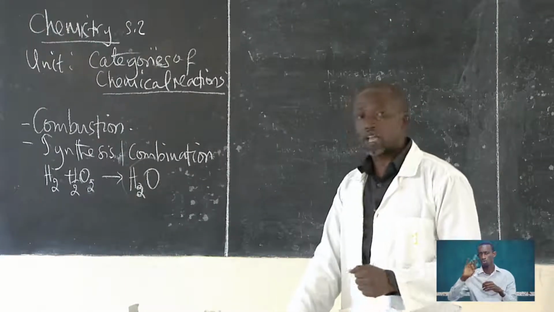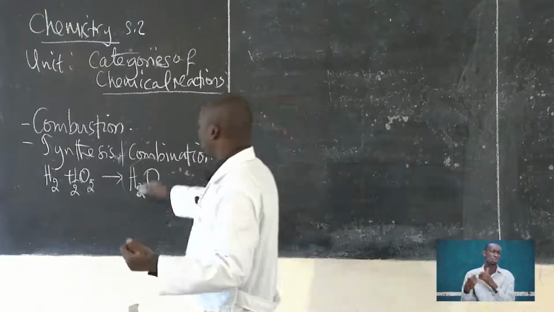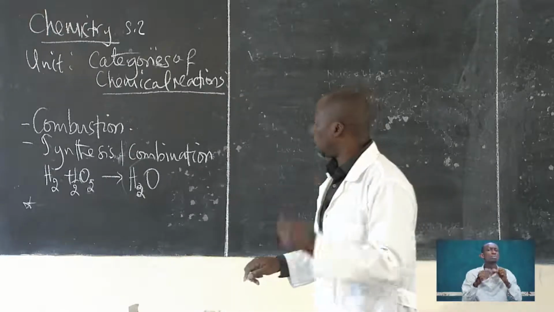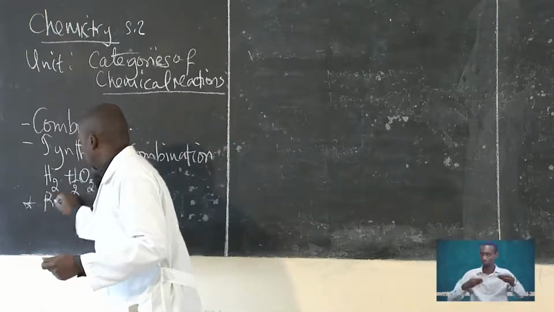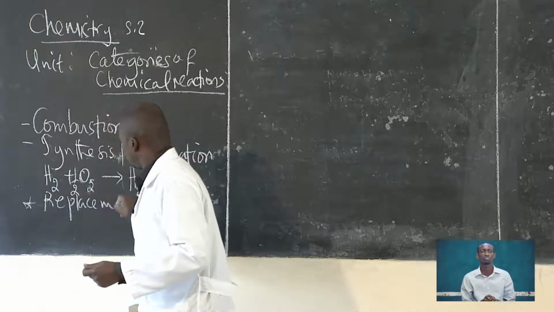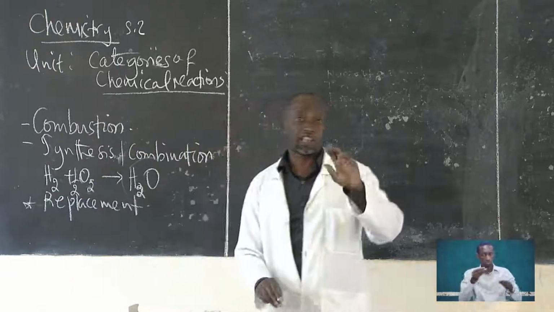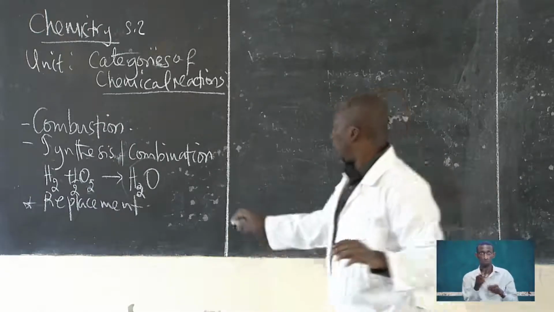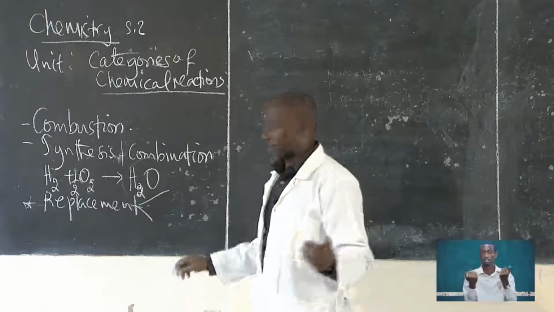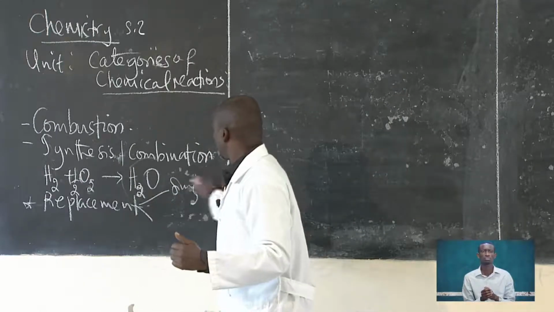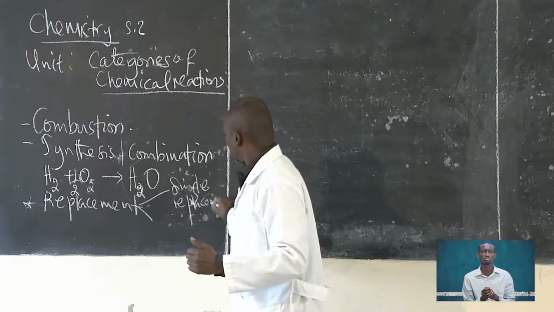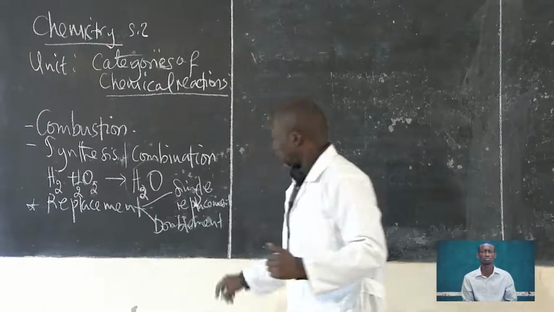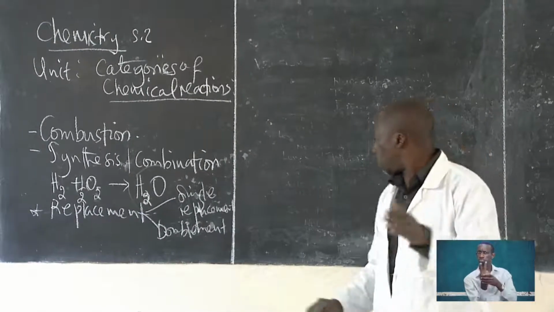We mentioned a number of reactions and gave some examples. Another reaction that we talked about was replacement. About replacement, we said there are two forms: there is a single replacement, and then there is double replacement.